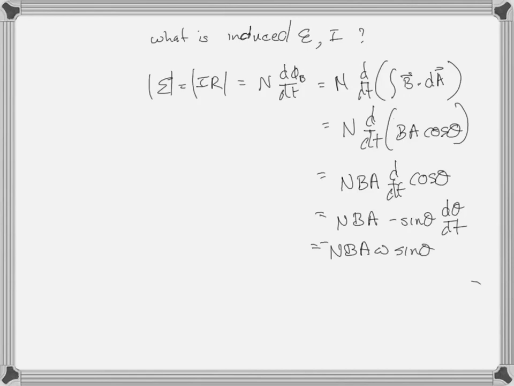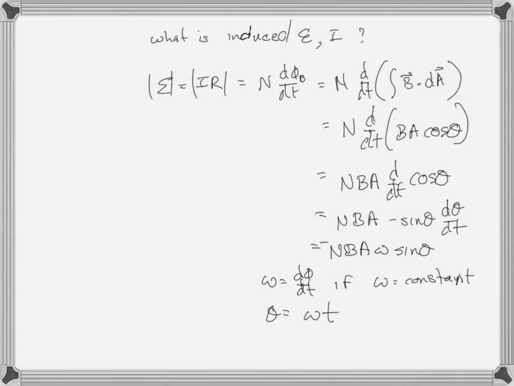And remember that since omega is d theta dt, if omega is constant, then theta is equal to omega times t. I didn't say it, but I should have said at the beginning that omega was a constant.